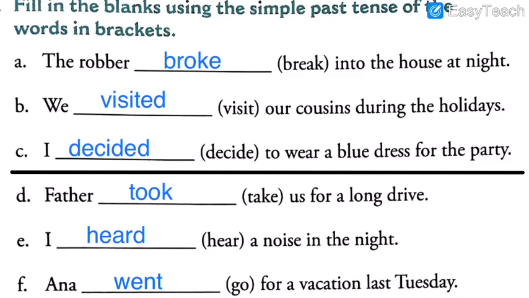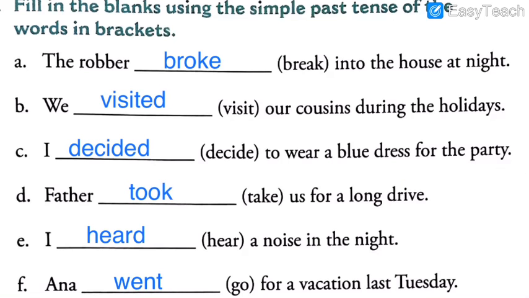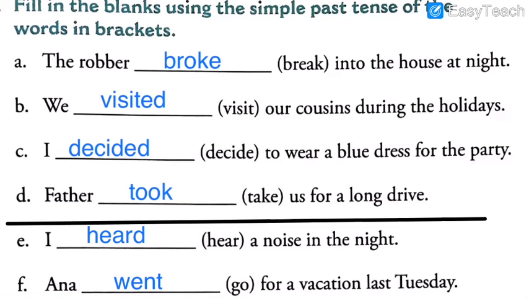Repeat after me, students, clearly and loudly. Question D. Father took us for a long drive. See, whenever you are repeating, just make sure this a, us, everything, you have to read properly.